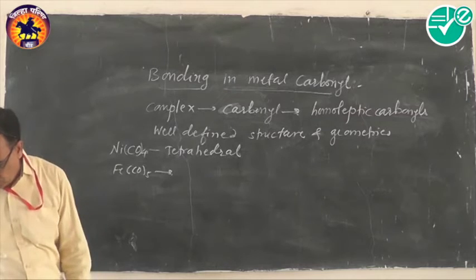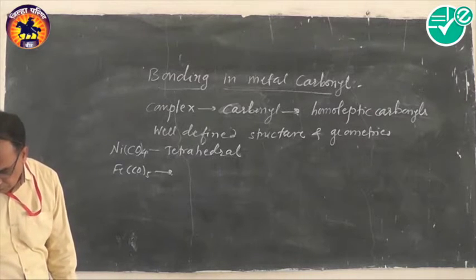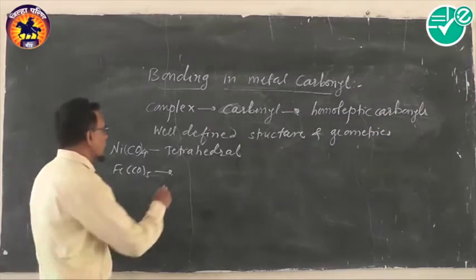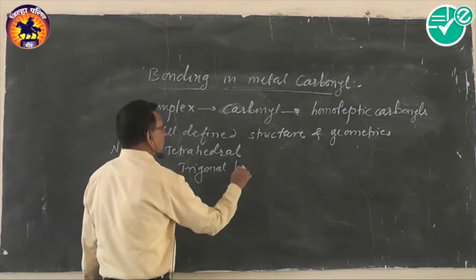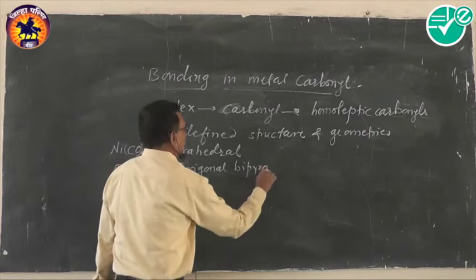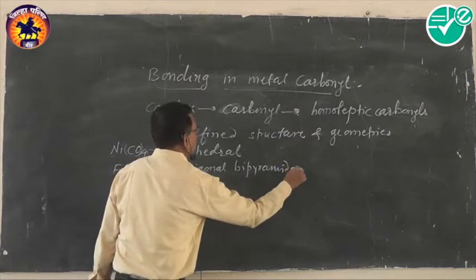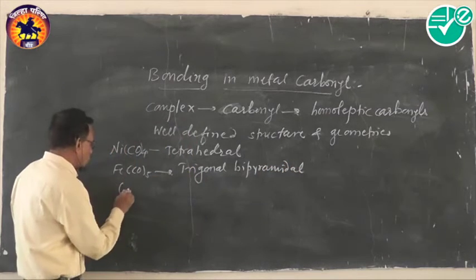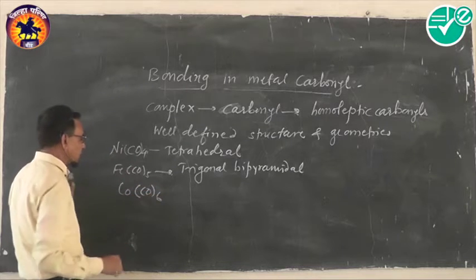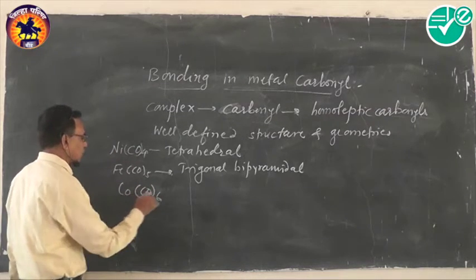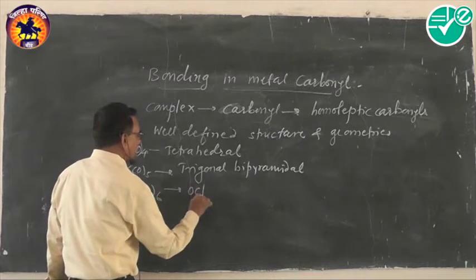Fe(CO)5 is trigonal bipyramidal. Co(CO)6, that is hexacarbonyl, is octahedral in nature.